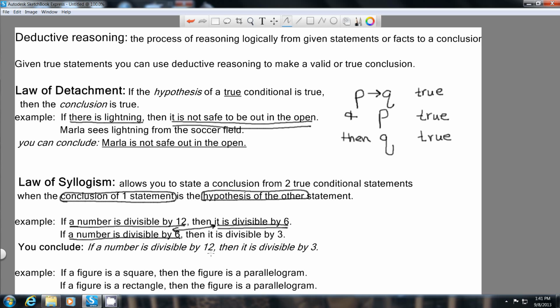So that's the important thing we want to make note of. So in our conclusion, we can now state that if a number is divisible by 12, then it is divisible by 3. And in symbols, it looks like this.